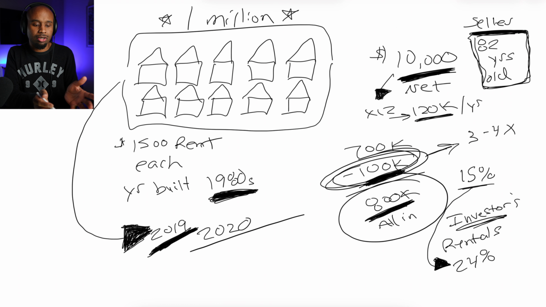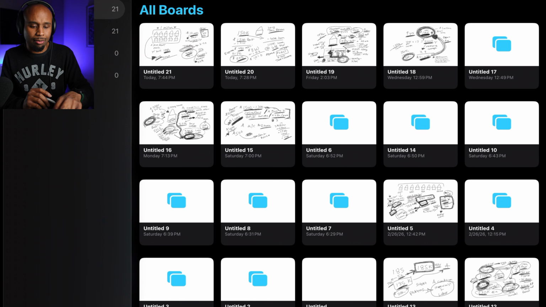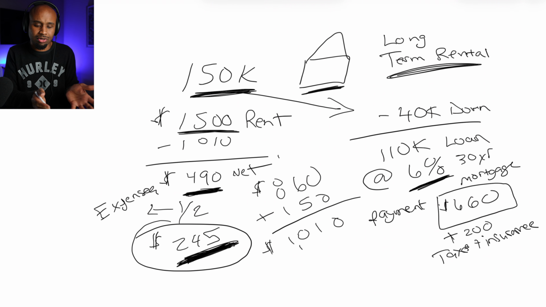But if you have a chance to buy a portfolio of houses together, that's something that you should look into. That's something not to ignore, because that's the thing with houses. When you're trying to get them one by one, like with this property I was looking at earlier, you're looking at these little small numbers.